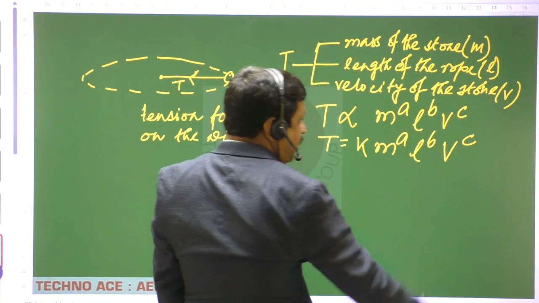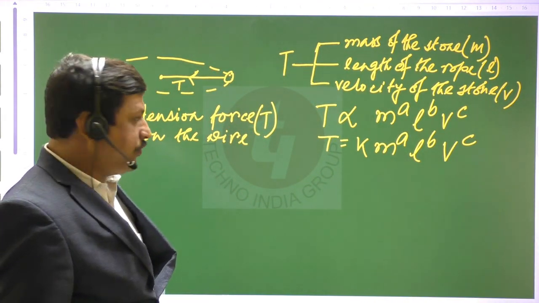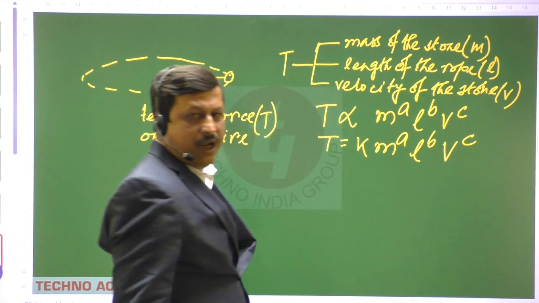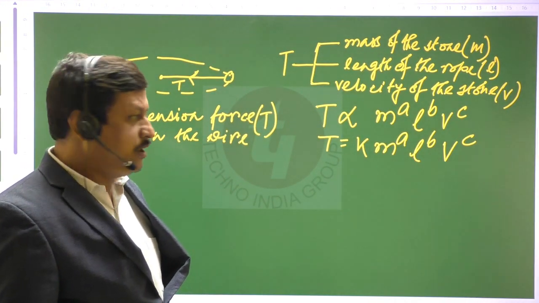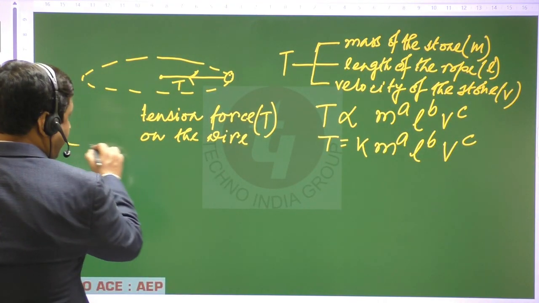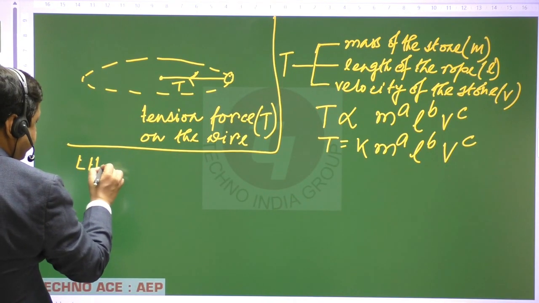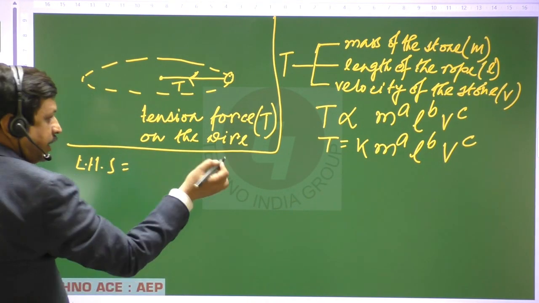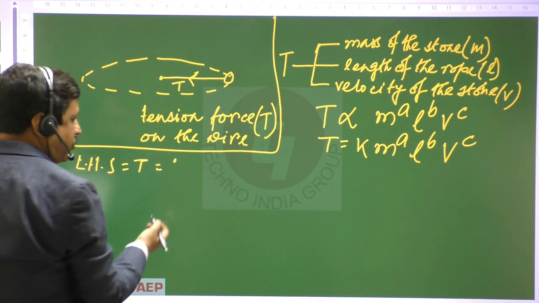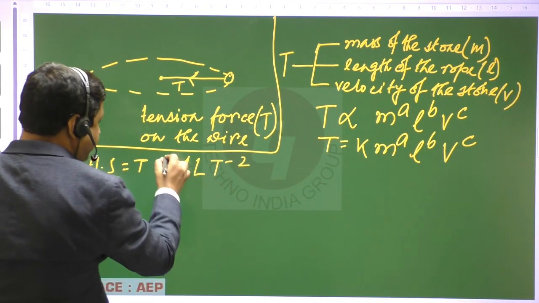In this case, you know that the relation will be correct if the left hand side and right hand side have the same dimension, right? So the dimension of the left hand side is that of tension, which means a force, that is m L T to the power minus 2, you know that, right?